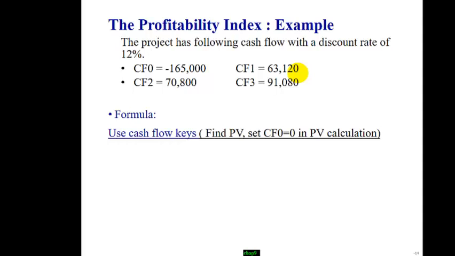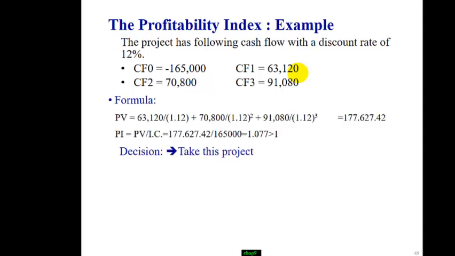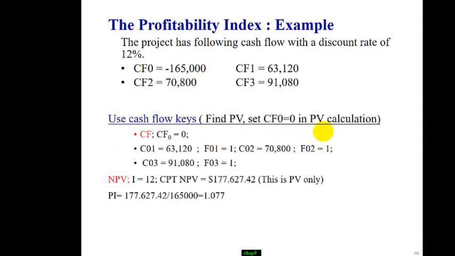So how do we figure out the PI? You can use a very similar formula. Solve for PV first, then divide by initial cost. We got 1.077. It's greater than 1, so we're going to accept the project.